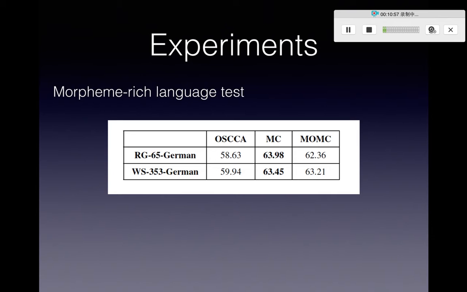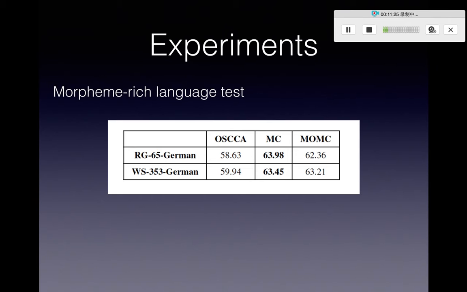Then we test our new models on morpheme-rich languages. We use a German corpus to train German word embeddings and then test them using word similarities.